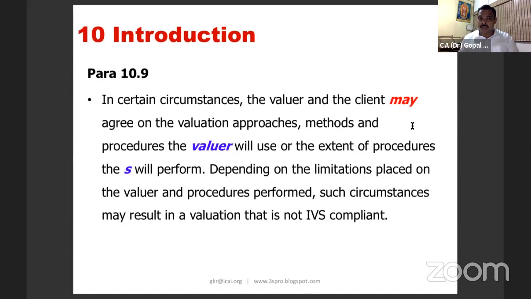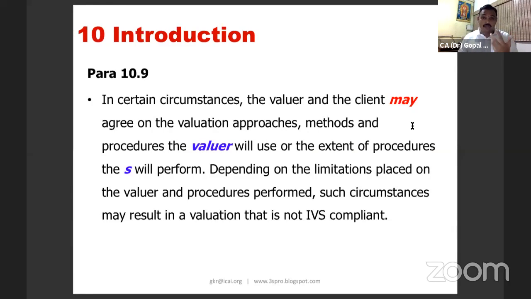10.9 para speaks about, in certain circumstances, the valuer and client may agree on approaches, methods and procedures the valuer will use, or the extent of procedures the valuer will perform. This is very important. Where in the terms of engagement itself, they will mention the agreement between the client and the valuer: okay, this is the approach I will take.